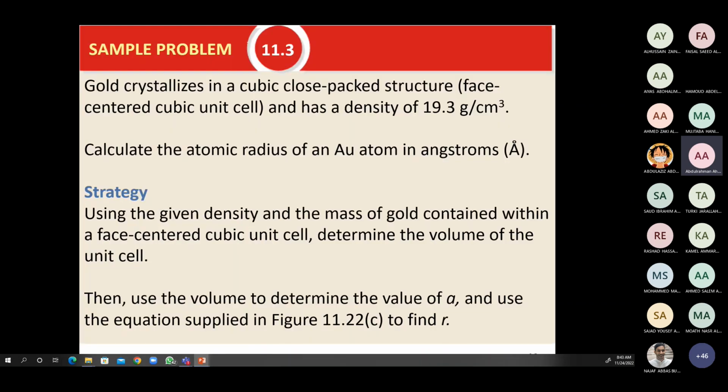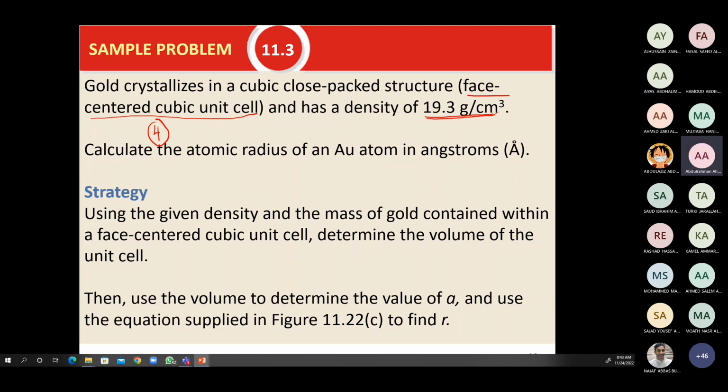Okay, solve this problem. What type of cube is this one? Face centered. So how many atoms do we have? We have 4. Okay, now what's this?